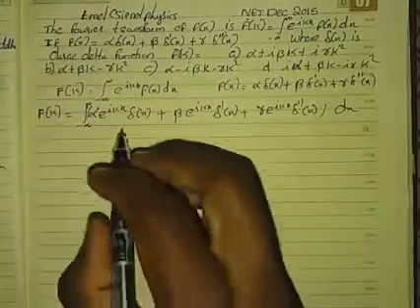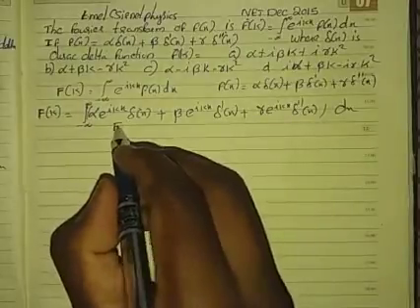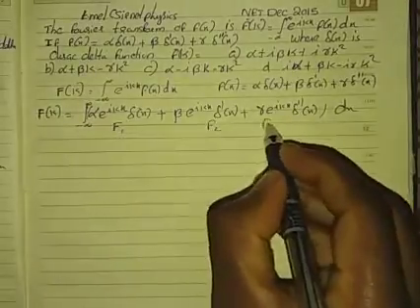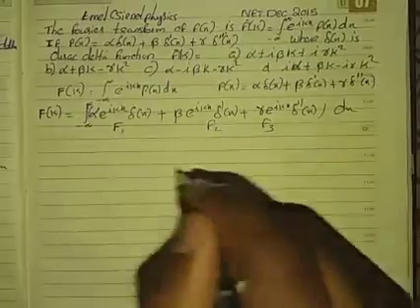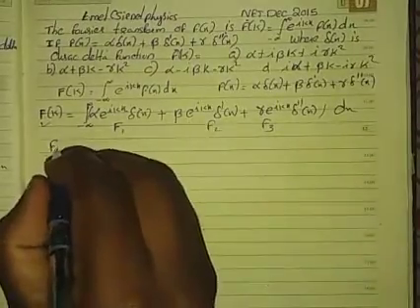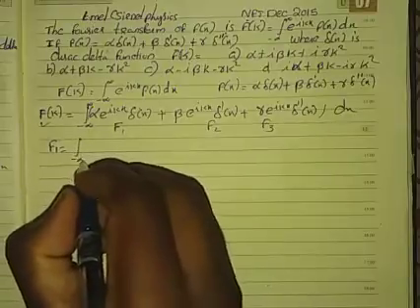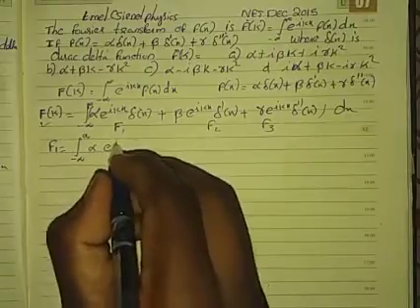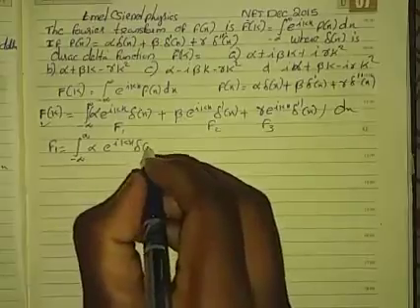We can separate this integral as F1, F2 and F3, do them separately and then add them up, and you get the value of F of k. So F1 can be written as the integral from minus infinity to infinity of alpha e raised to i k x delta of x dx.